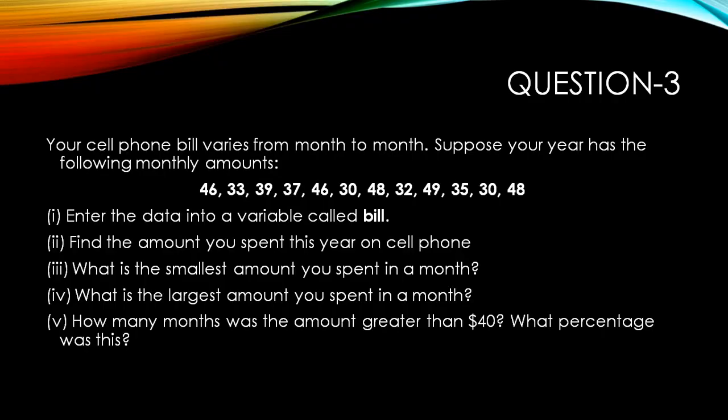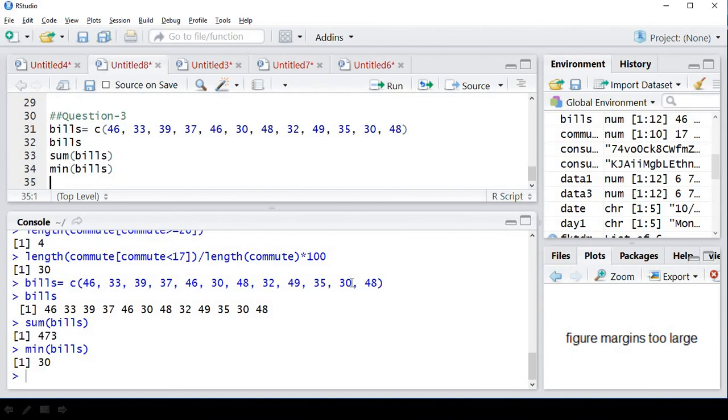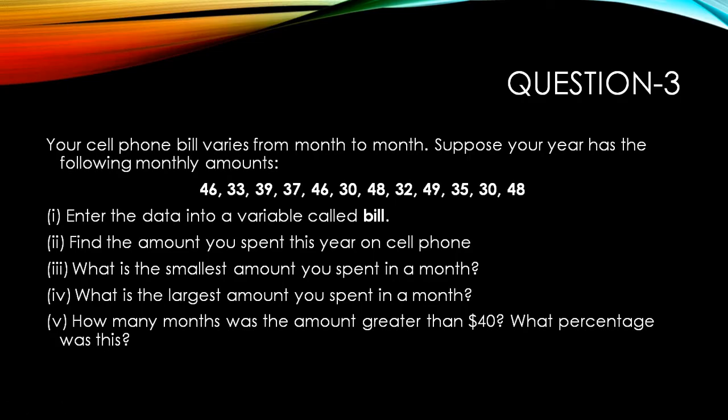Then what is the smallest amount you have spent in a month? So I have to use the min command on bills, close and run it. That is $30 is the minimum. Then what is the largest amount you have spent?